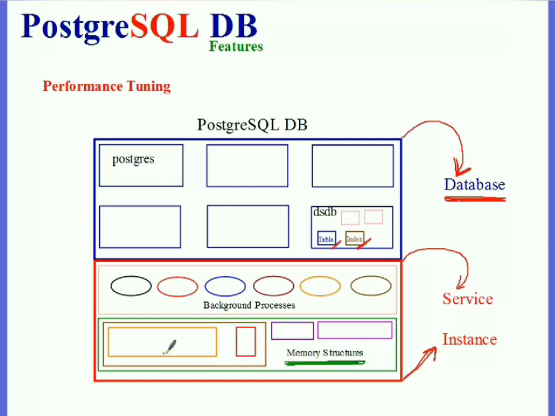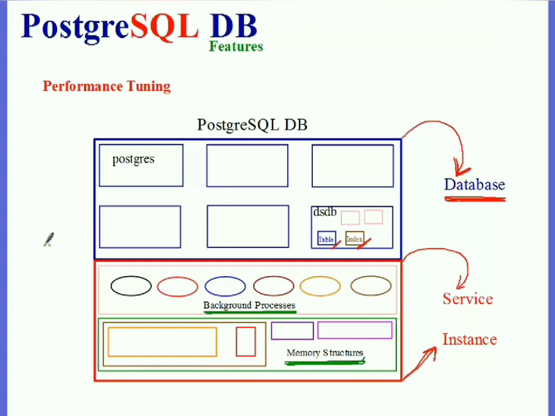So we can go for tuning memory structures, and we can also tune background processes, increase the number of background processes, or customize them to suit our requirements, so that we can gain optimal performance even by tuning the service part.